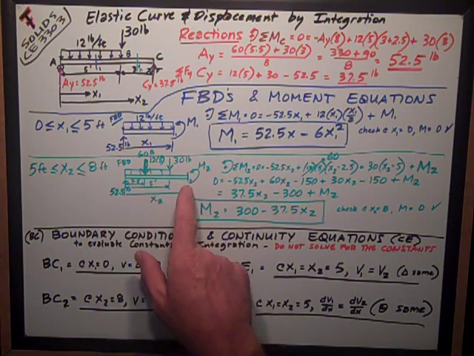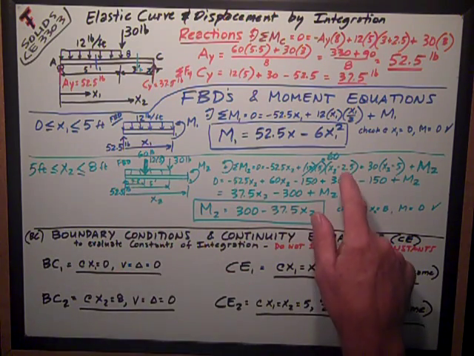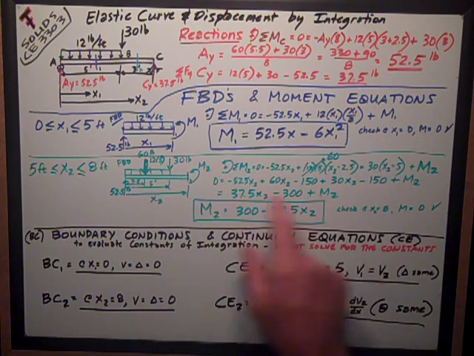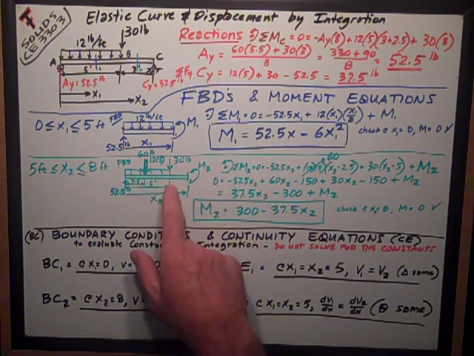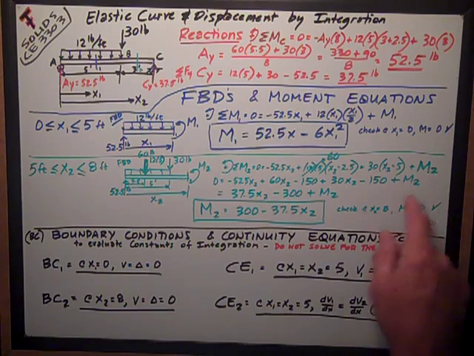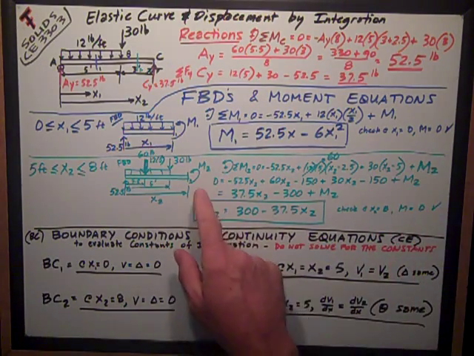So it's from here to here, x2 minus 2.5, plus my concentrated load of 30 pounds, acting at 5 feet, so the distance, my moment arm, is 30 pounds times x2 minus 5, plus my internal moment M2.